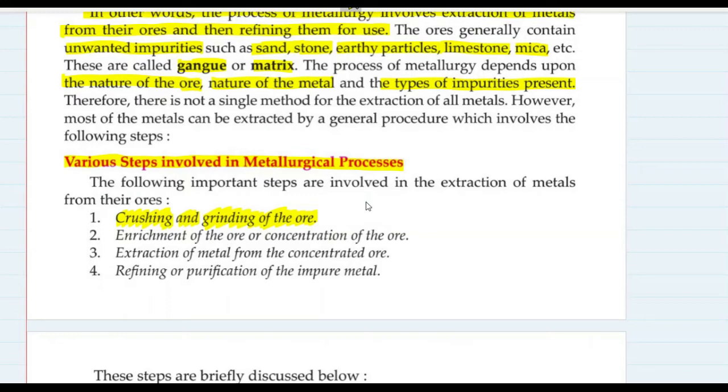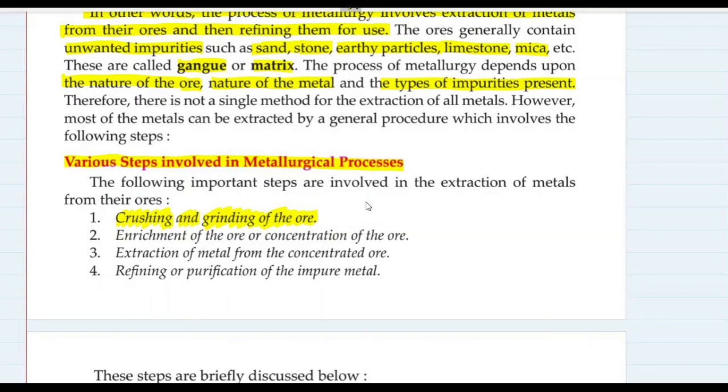We have seen that for any chemical reaction to occur, and chemical reactions are going to occur, metals cannot be extracted from their ores by just physical means. We have to do some chemical processes. For doing chemical processes on the ores to extract metals, we have to make sure that they react.